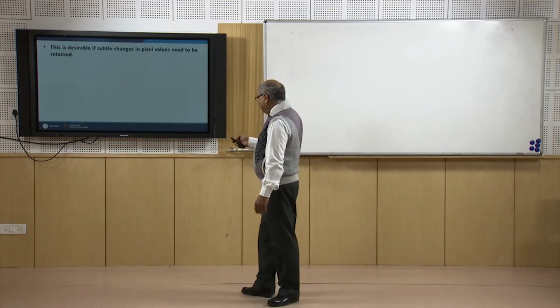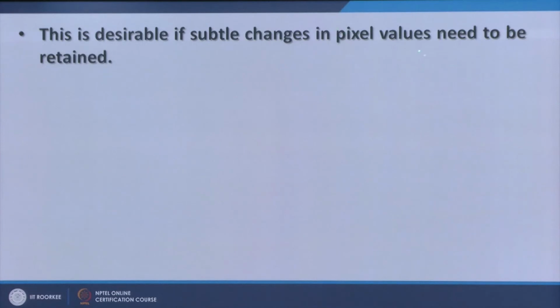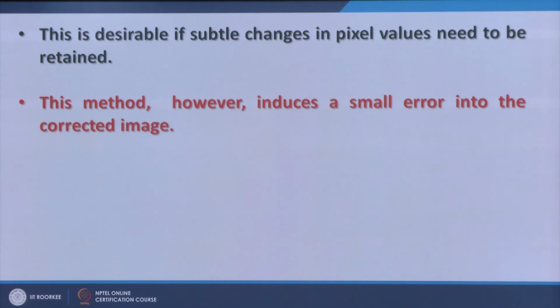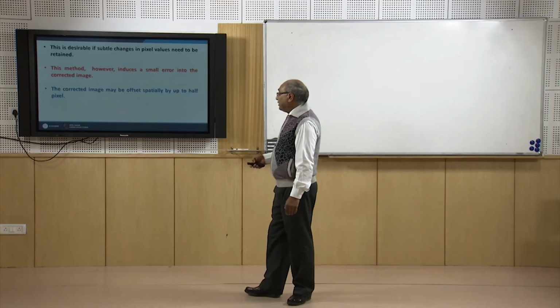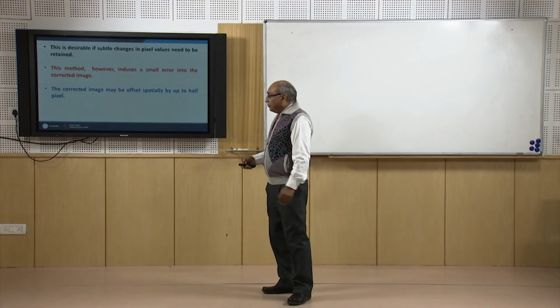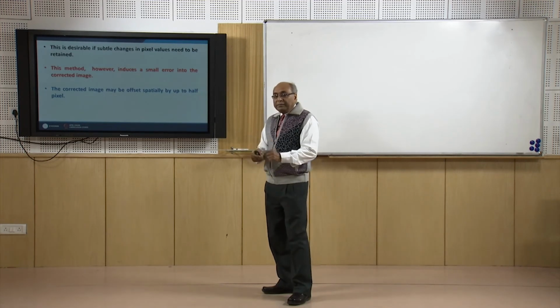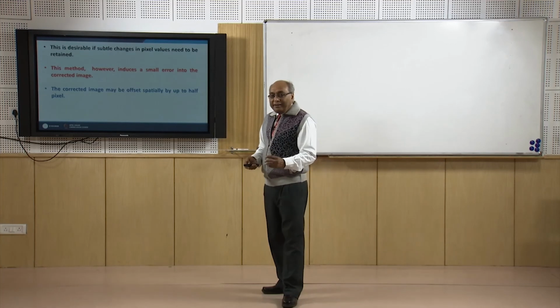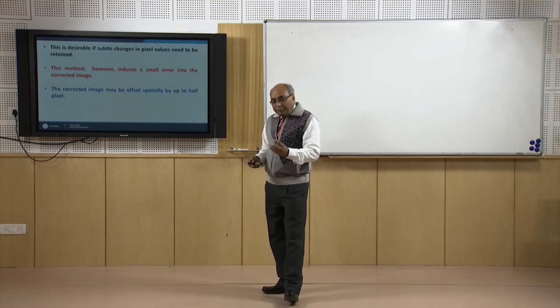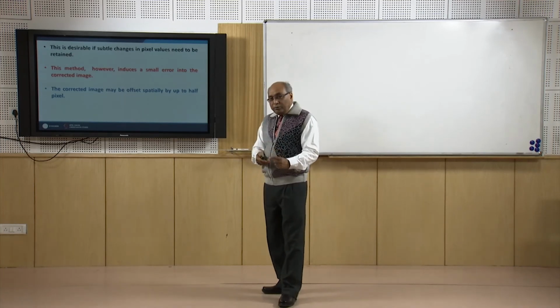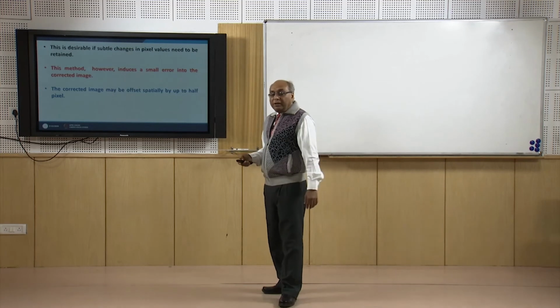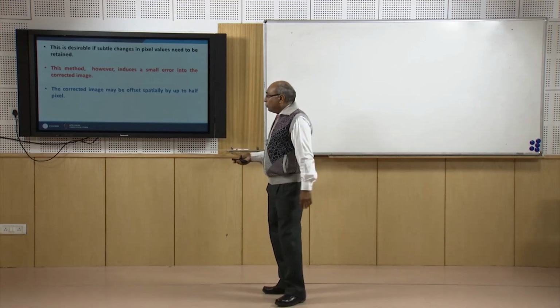If subtle changes in the pixel values need to be retained, then you go for nearest neighbor. This method however induces a small error into the corrected image, which might be offset by half a pixel, because there might be a stair-step or staggered appearance in the image, because you are just lifting a pixel value and assigning it to another pixel without considering the neighborhood.